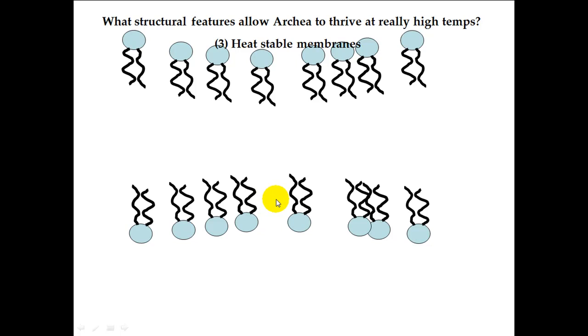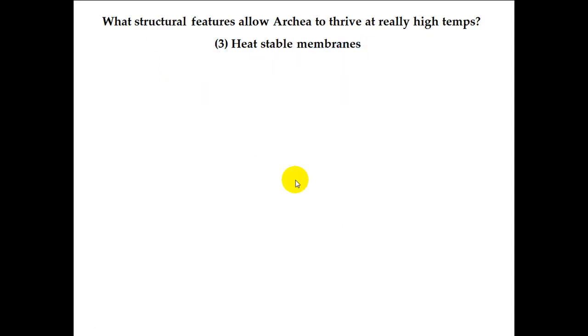So if you are going to be a cell like Archaea that lives in really hot environments, your membrane probably is not going to look like this. A lot more reinforcement is required in order to live in the really hot environment.